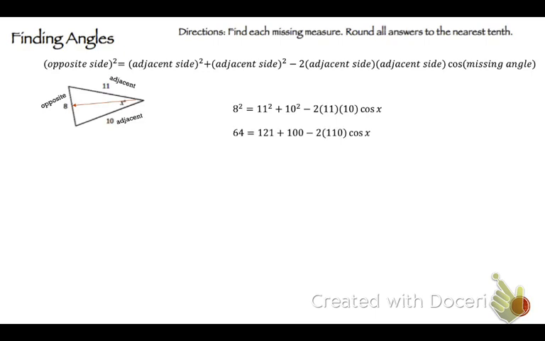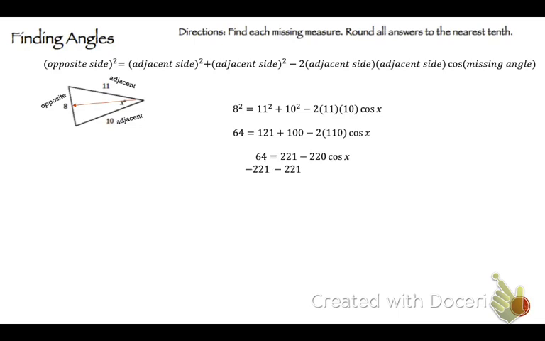So I get 64 equals 121 plus 100 minus 2 times 110, because 11 times 10 is 110, cosine of x. Now 121 plus 100 is 221, so it's 64 equals 221 minus 2 times 110 is 220, cosine of x. Don't subtract those right there, because that 220 is with that cosine of x.